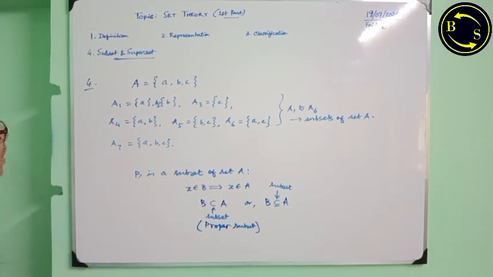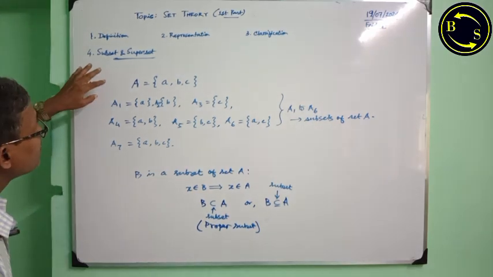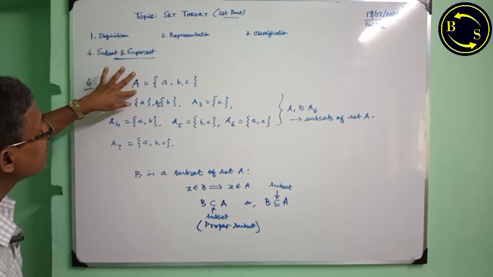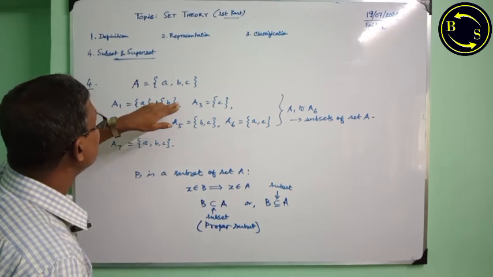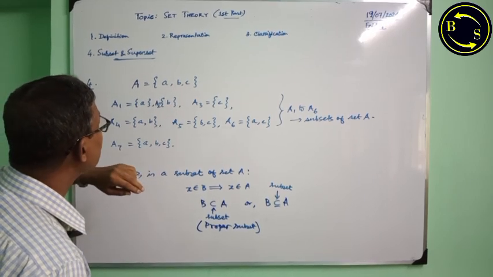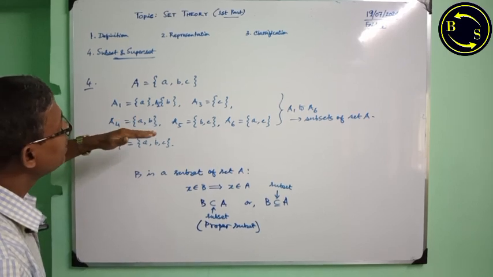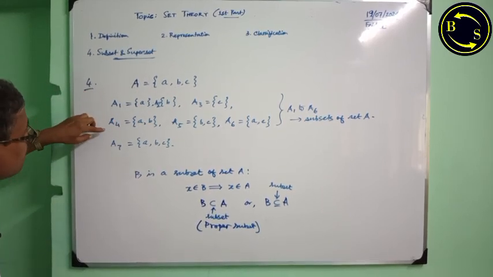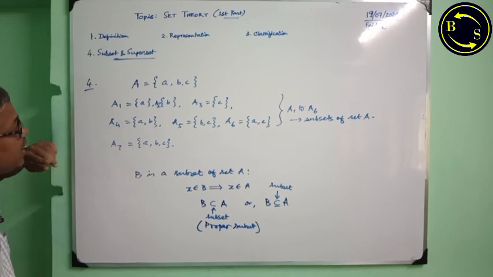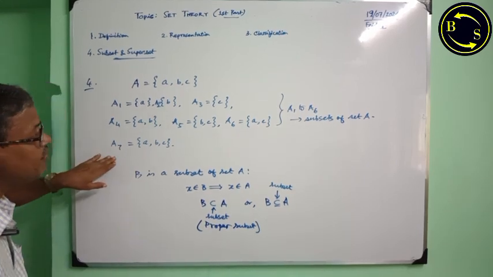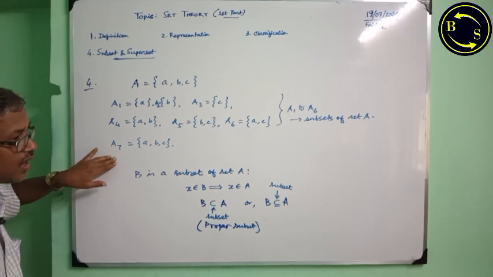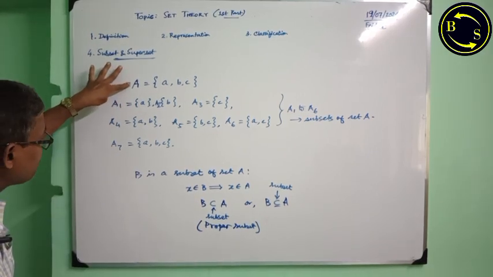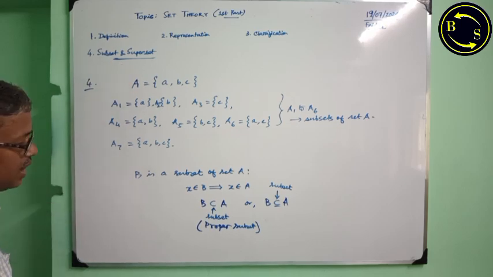Now, on the contrary, we see that A contains more elements or equal number of elements of each of the subsets A1, A2, A3, A4, A5, A6 and A7. Thus, we say A is superset of all these sets.